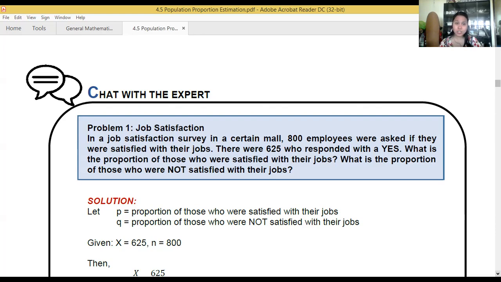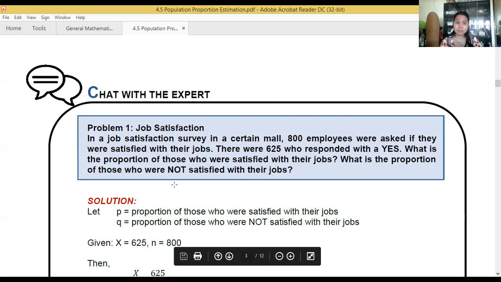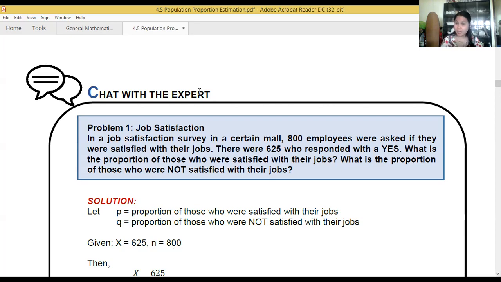What is the proportion of those who were satisfied with their jobs, and what is the proportion of those who were not satisfied? P is the proportion of those who are satisfied, while Q is the proportion of those who are not satisfied.